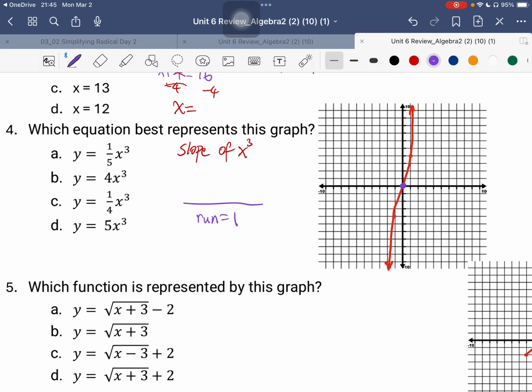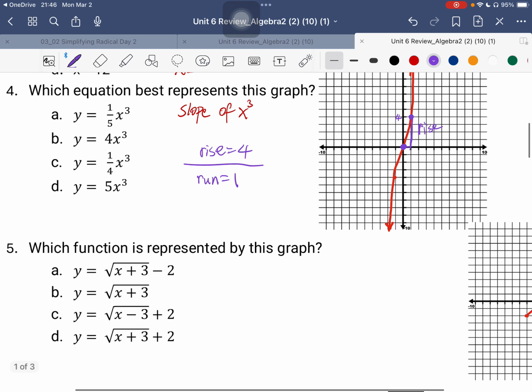You go right 1 point, and then you go up, you find a point that touches the graph. The first point that touches the graph, and I see this point is 4. So the rise from 1 going up is 4. Run is always 1 to the right. So rise over run is 4. Pick your final answer.